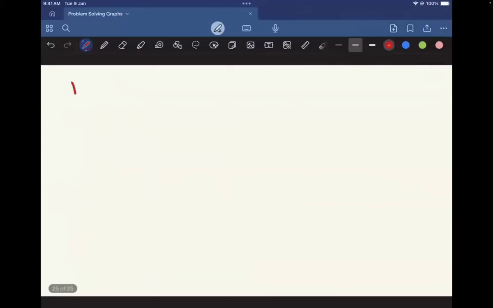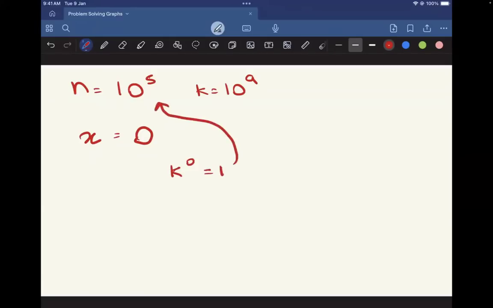Consider that n is equal to, let's say, 10 raised to 5 and k is equal to 10 raised to 9. Do you agree? The only x that is going to satisfy this is 0. Basically, on every move, you take k raised to 0, which is equal to 1, and you subtract 1 from n. Do you agree? The number of moves required to make n equal to 0 is nothing but 10 raised to 5 here.